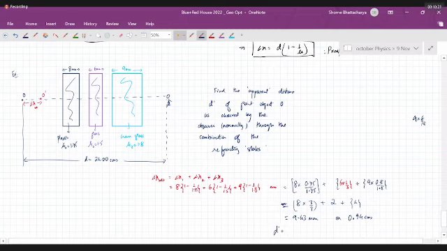So the apparent position will be at d minus delta x. So that's something like this.